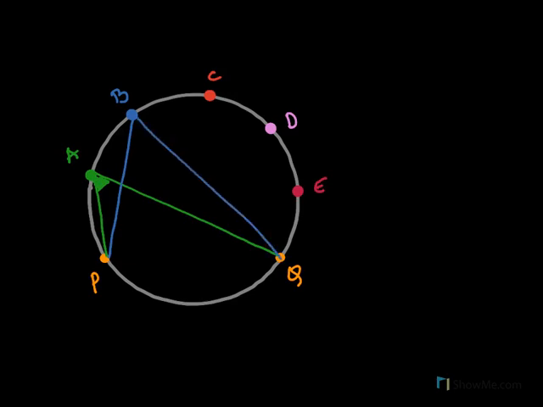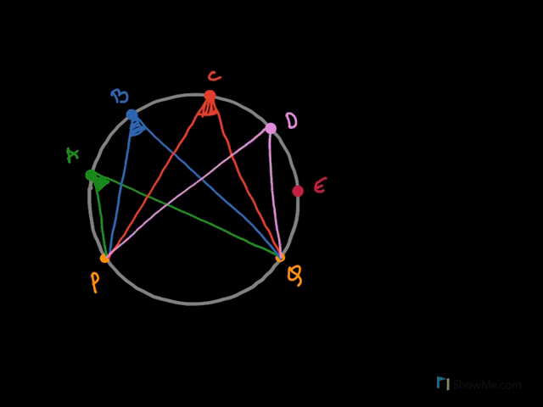Then at C also PQ subtends yet another angle. Then at D it subtends another angle. And then at E it subtends yet another angle.